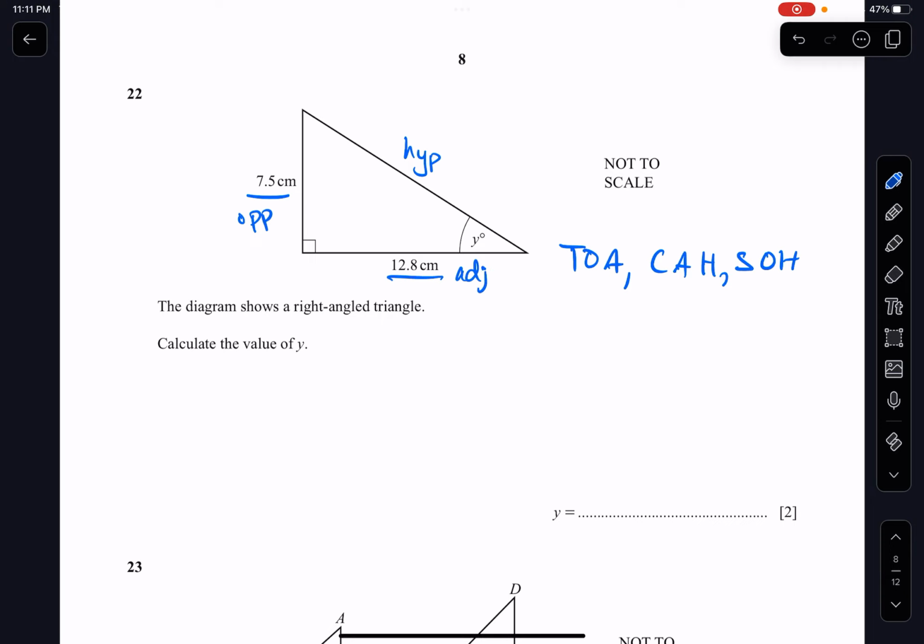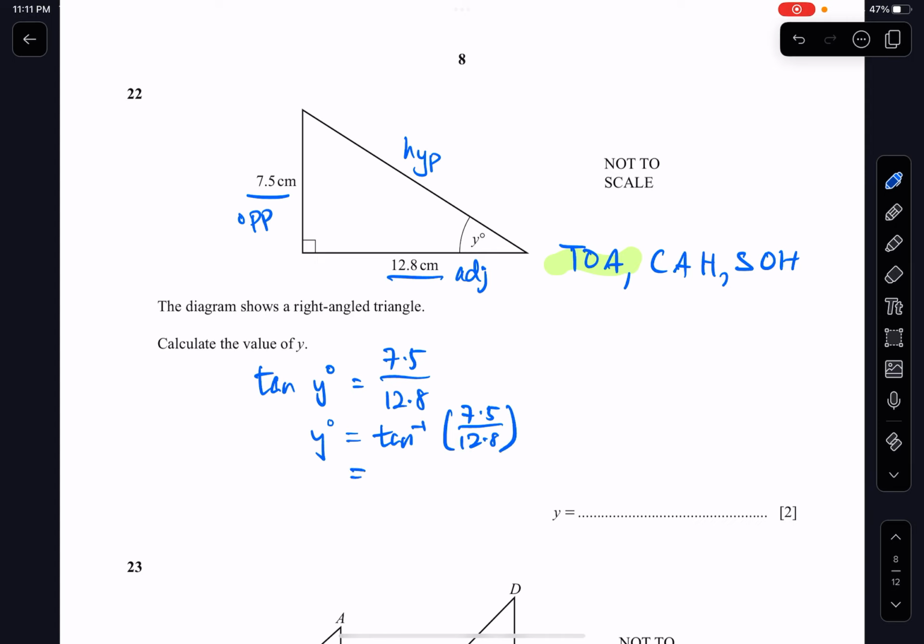So since I have the opposite and the adjacent, what I'm going to use is this, right? I'm going to use tangent for this question. So tangent y degrees is equals to opposite, which is 7.5, divided by my adjacent, which is 12.8. So y degrees will be, okay, arctangent 7.5 divided by 12.8.